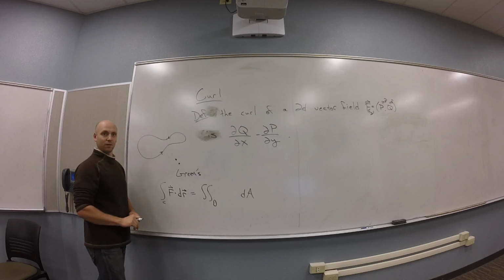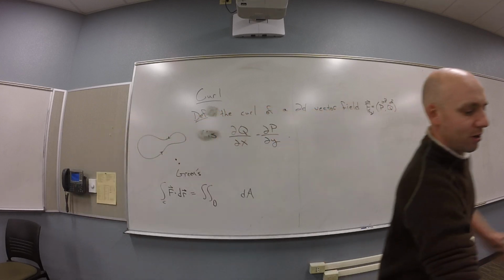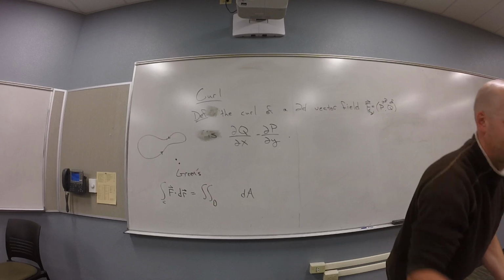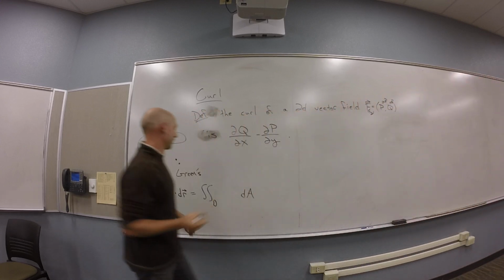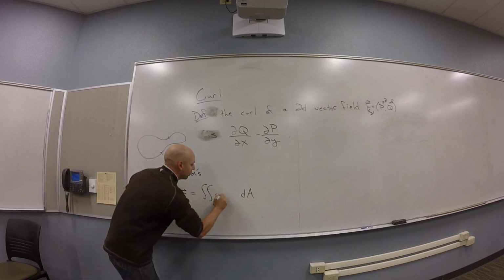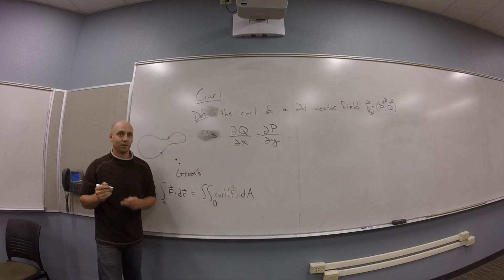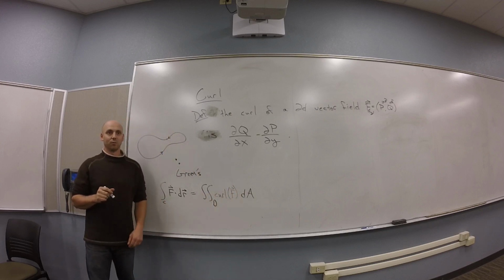Can you write that up there, or move the monitor? Better. Okay, and then the thing I'm integrating is what I'm now calling the curl of the vector field F. You guys with me on that?